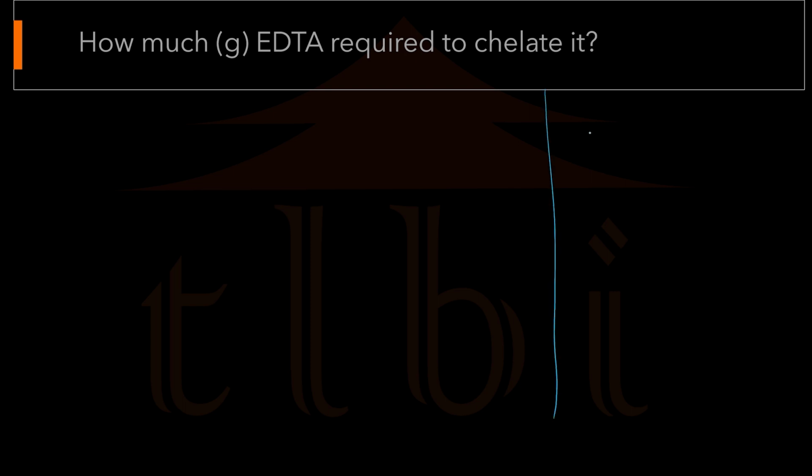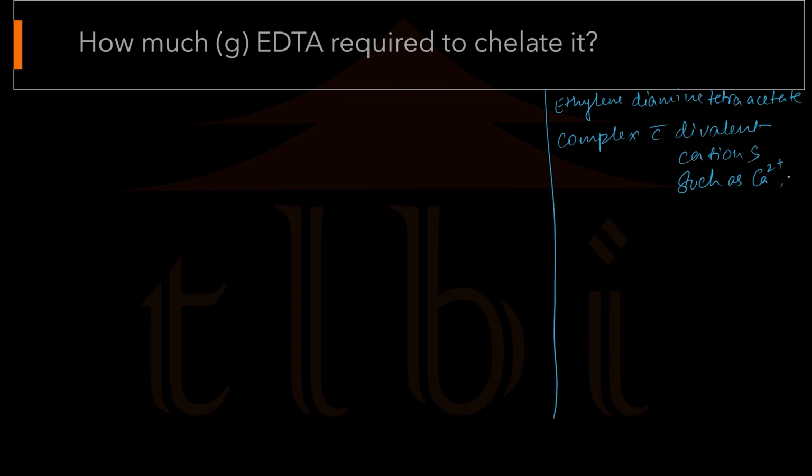So to briefly tell you, EDTA stands for ethylenediaminetetraacetate, okay, and it is used to form complex with divalent cations such as calcium or magnesium, right?